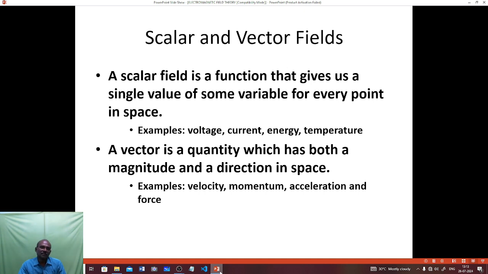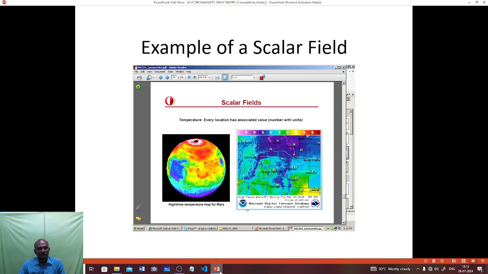In electromagnetic fields, we have electrostatic field intensity and magnetostatic field intensity, which are all vector quantities. So for analyzing electromagnetic fields we need the fundamentals of vectors.